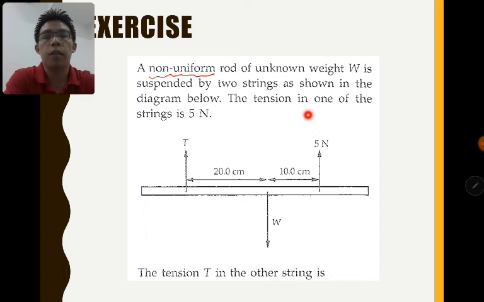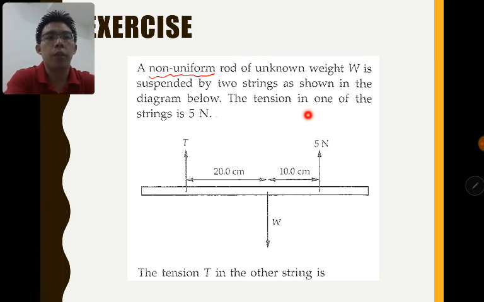We say that the weight is acting in the middle because we assume that the wooden piece of the meter rule is uniform. But when the question says non-uniform, we should notice that it is not in the middle, because the distribution of the mass probably has more on one side and less on the other side.